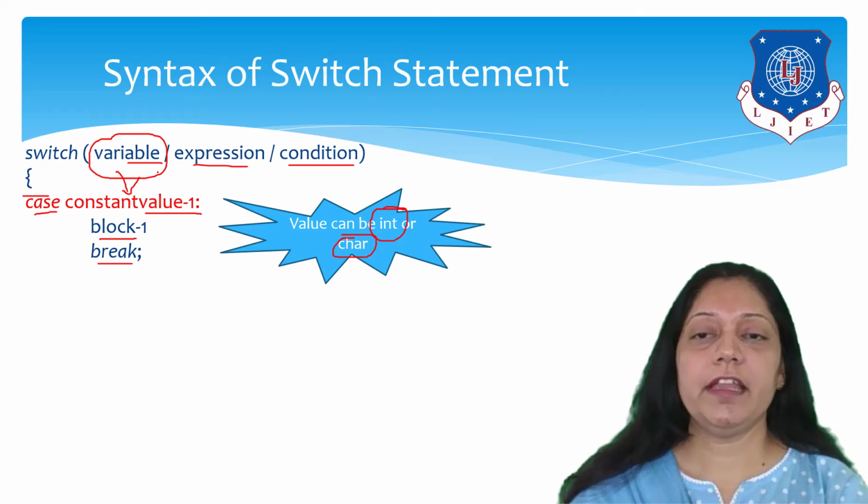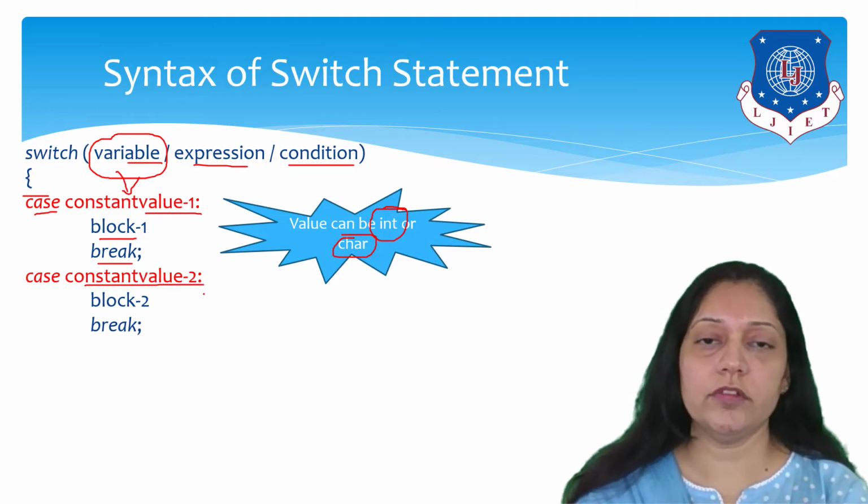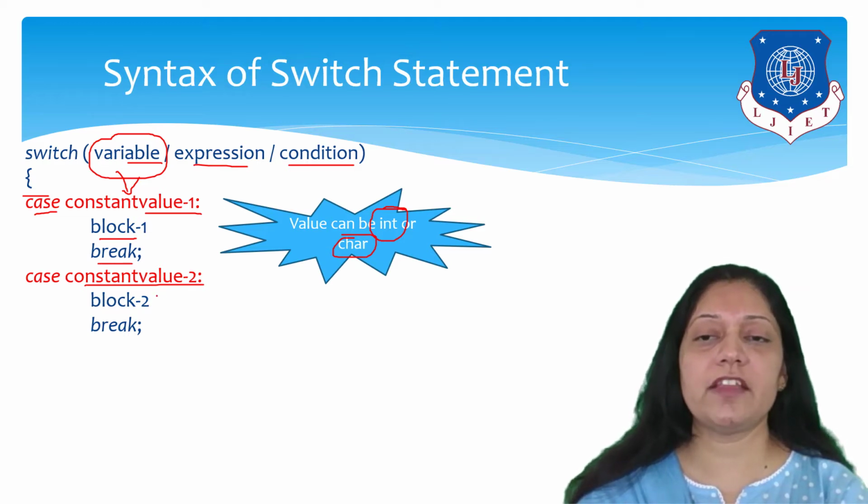If the value of the variable does not match constant value 1, then we'll come to the next case statement, in which we are putting a new value, that is value 2. So if the variable or an expression or the condition matches constant value 2, then block 2 is executed, and after block 2 I mentioned break. Break means, as I said, it will come out of the switch statement.